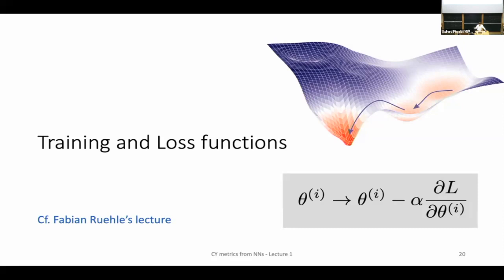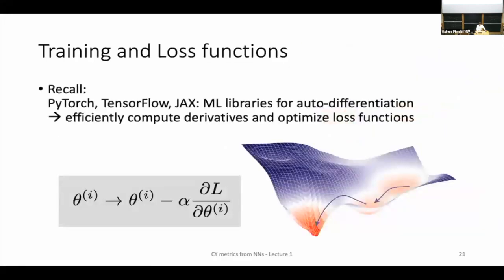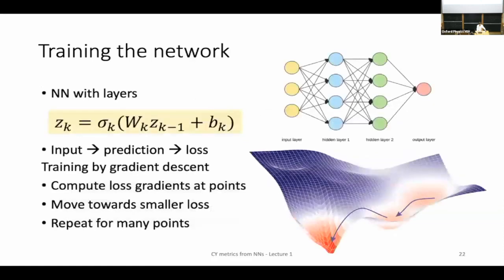So we have some complicated function, and we want to find the minimum of that function. Why can we do this? Well, we have these libraries, and this is what they're good at doing. So they can efficiently solve this problem for us. So what we need to do is to be clever and tell the libraries what are the things that they should solve.